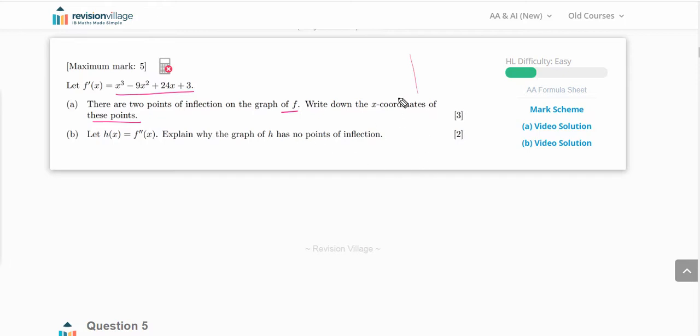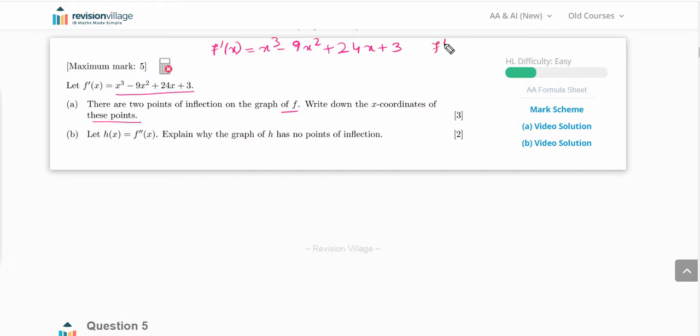As I have told you, in order to find the point of inflection, we will take the double derivative and put it equal to 0. And from there onwards, we'll work out the values of the 2 points. So f dash of x is given as x cubed minus 9x squared plus 24x plus 3.